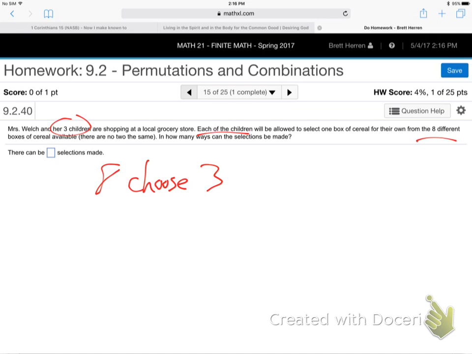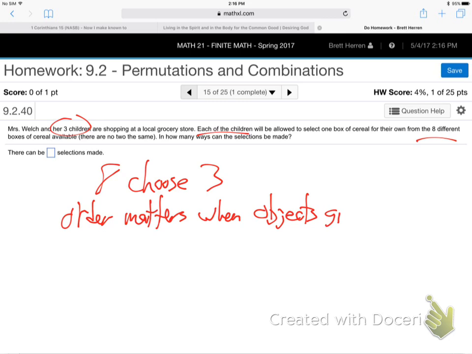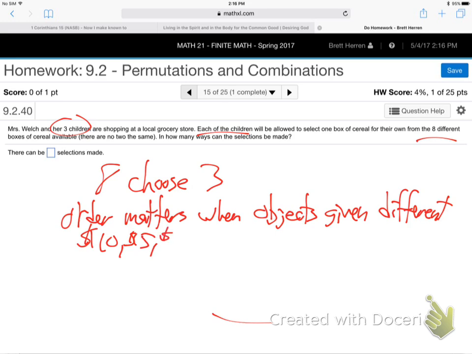So in this case, let me write that first off. Order matters when the objects given, the reward I called it, are different from each other. So if you have $20, $10, $1, whatever, 3 different dollar amounts, that would mean order matters, because you care whether you're first, second, or third in that picking.